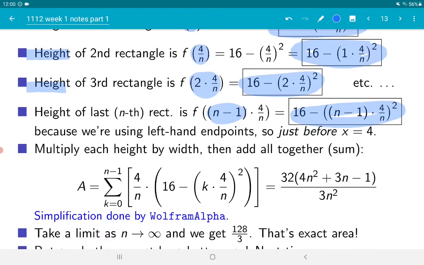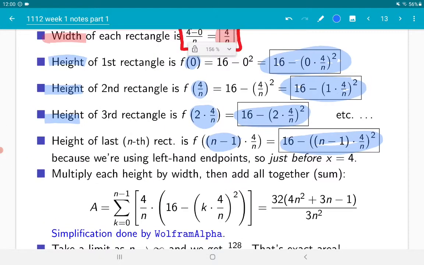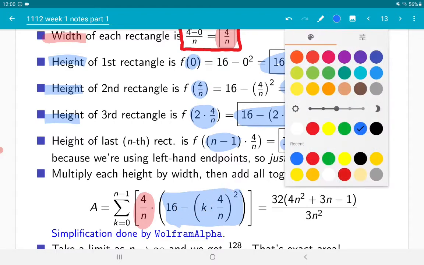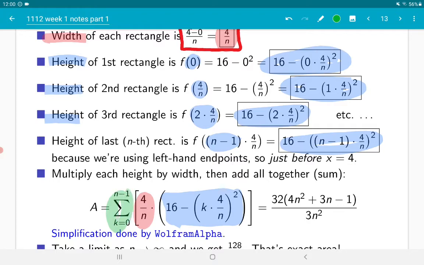So let's just do all that. Let's take the width of a rectangle here times the height of a rectangle. That's what's in blue. And then by adding them all together, by summing them, I will find the total area of all of those rectangles.